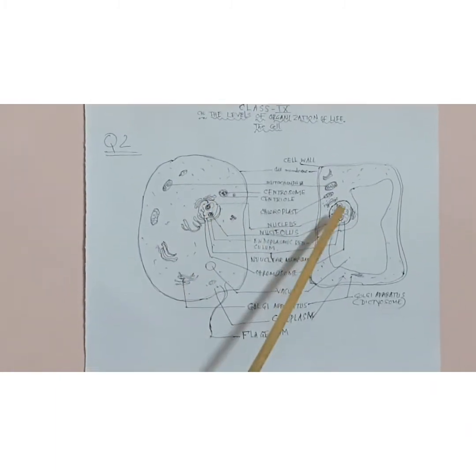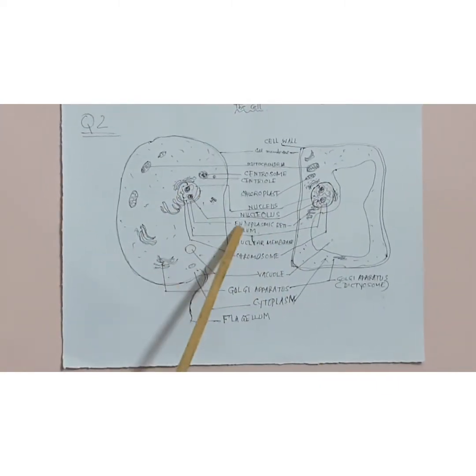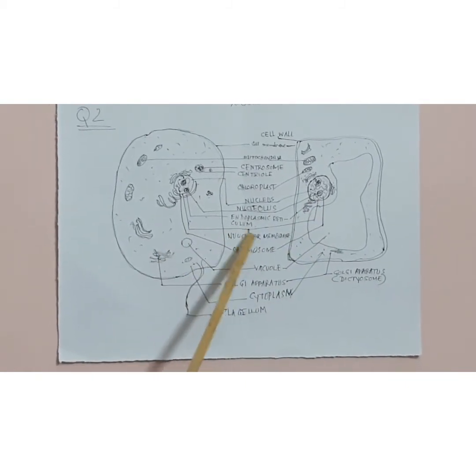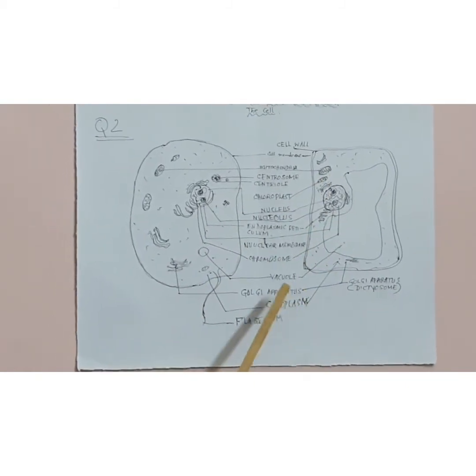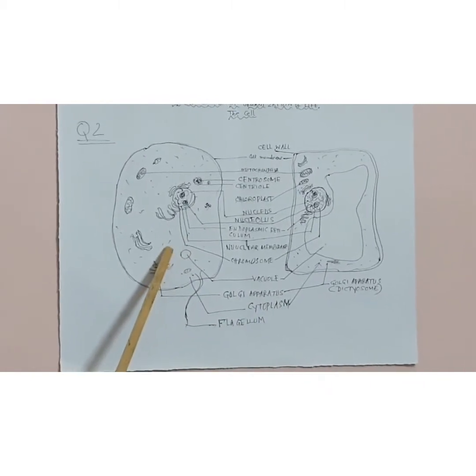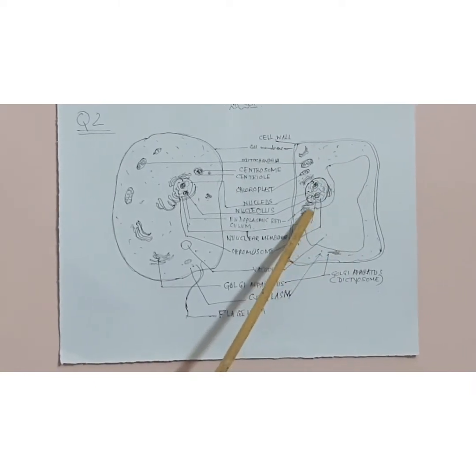We have nucleus in both the cells, nucleolus in both the cells, endoplasmic reticulum in both the cells. We have the nuclear membrane in both the cells, and we have small vacuoles in animal cells, or sometimes it is absent. While in the plant cell, a huge vacuole is present there.